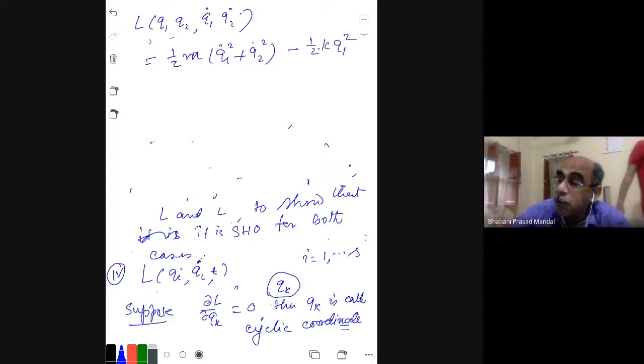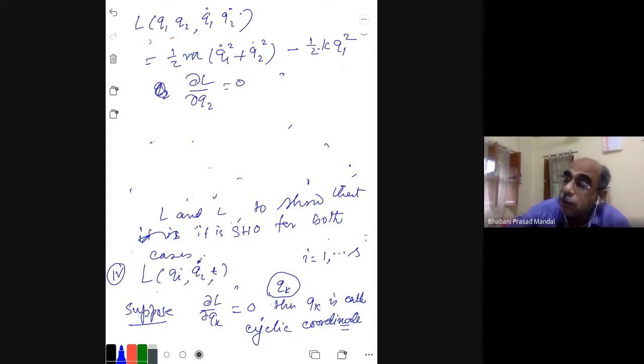It's a two variable system, depends on two velocities q1 dot, q2 dot, but only one coordinate q1. So you can find that del L del q2 equal to 0. So q2 is cyclic. So this kind of coordinate is very important.